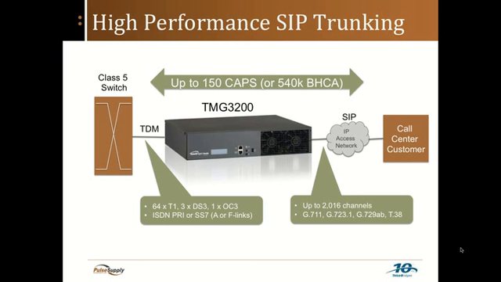So you can connect this gateway directly to your TDM switch, either on ISDN PRI trunks or on SS7 trunks where A links or F links are supported, and the gateway will convert that traffic to SIP in order for you to provide SIP trunks to, in this example, these call center customers. This specific gateway here can support up to 2,000 simultaneous calls, and it supports some of the codecs that I've listed here, but many more as well.